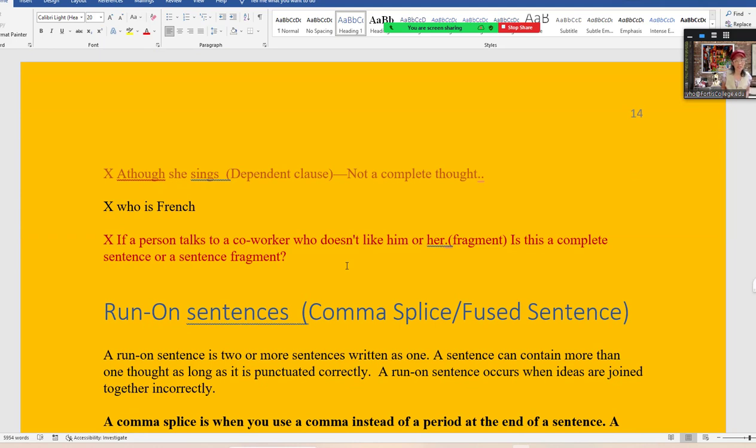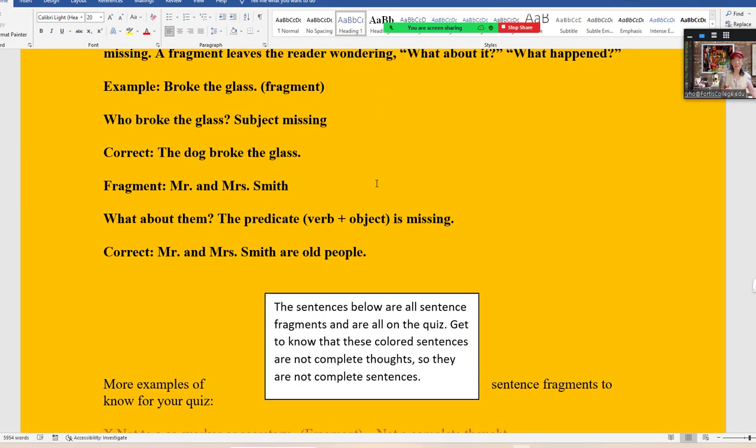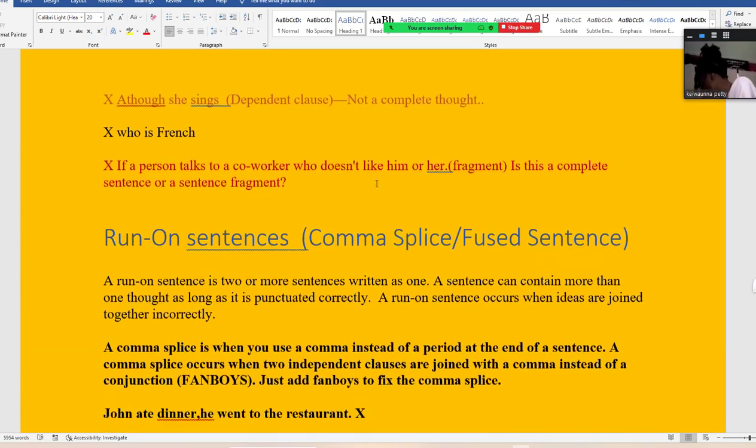"Although she sings" is a fragment and not a complete thought. And "if a person talks to a coworker who doesn't like him or her" is also a fragment because it's not a complete thought. So do you understand everything about sentence fragments? Right. Okay.